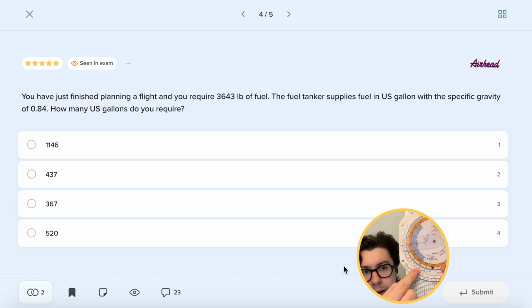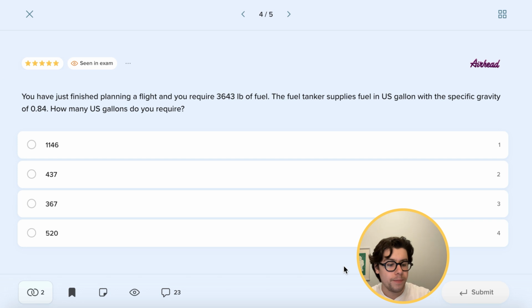So right below that arrow that represents US gallons, you'll actually read our mass in US gallons, which here CRP5 says is 515, which is close enough for any type of question, and it makes for a very quick way to calculate these numbers.